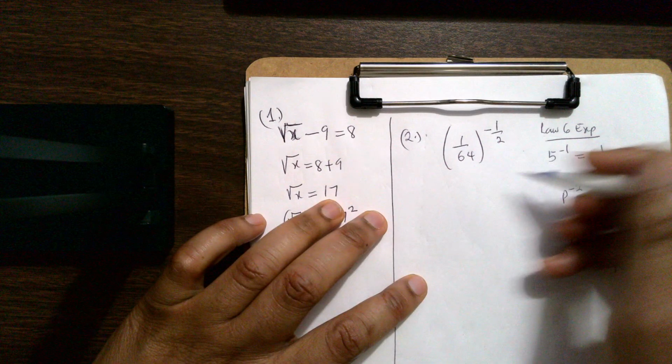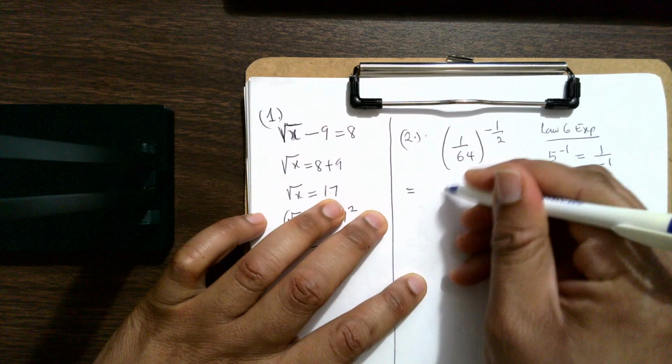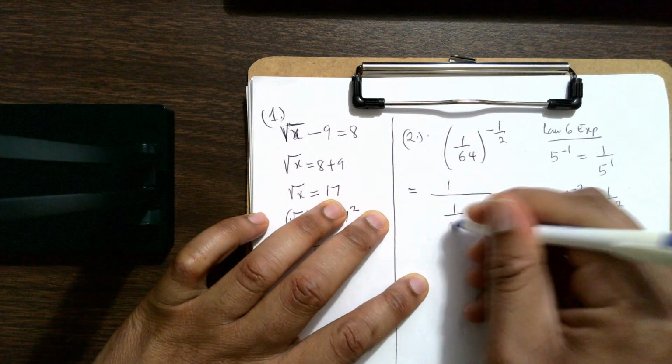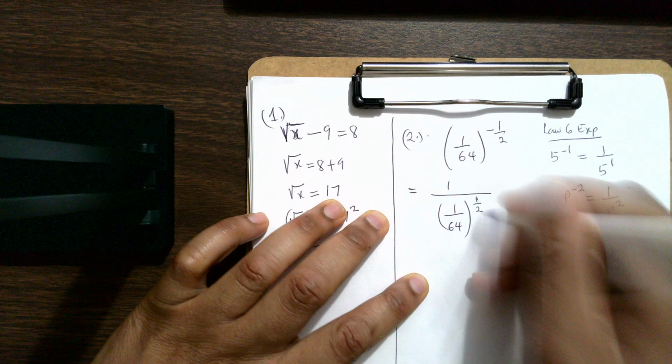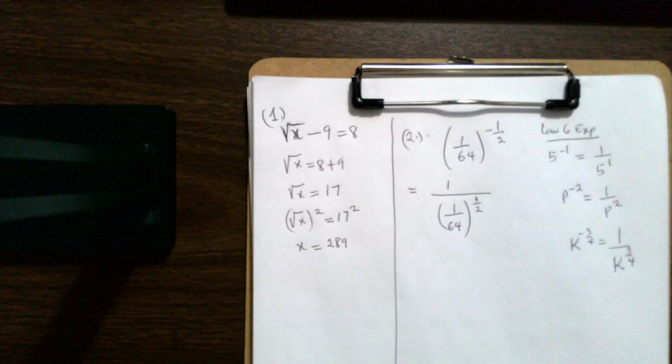So this gives us 1 over 64 exponent half. That is law 6 on exponents.